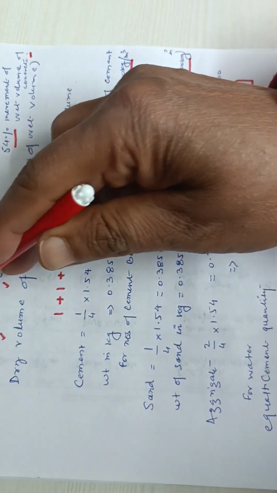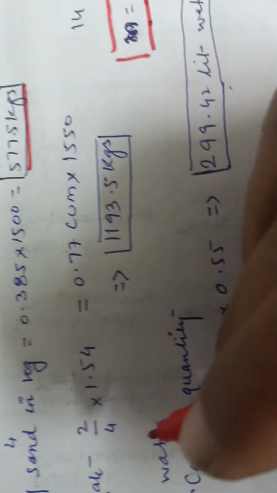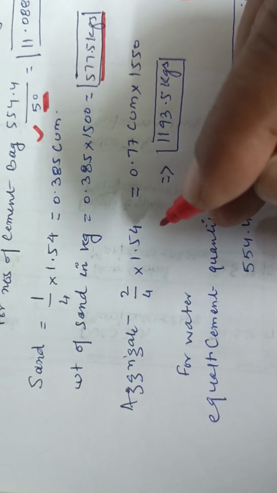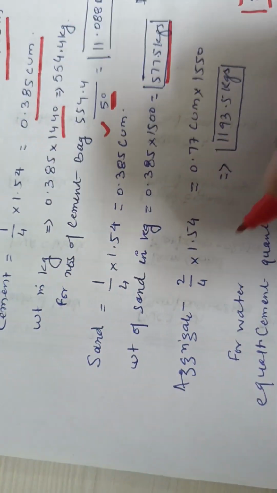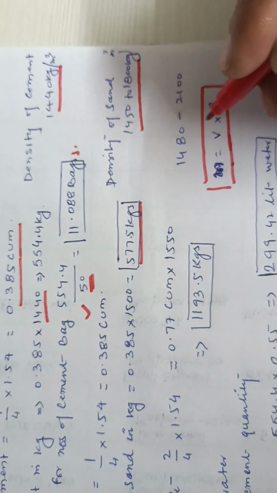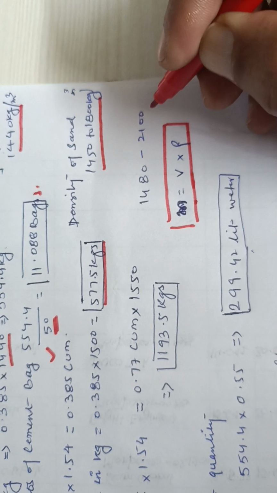Now aggregate. Aggregate has two parts. So 2 upon 4 into 1.54, where 1.54 is the dry volume. What you will get is 0.77 cubic meter. The density of aggregate comes between 1480 and 2100 kg.